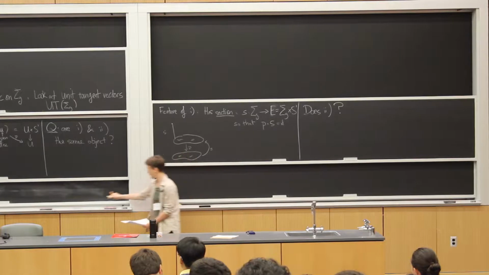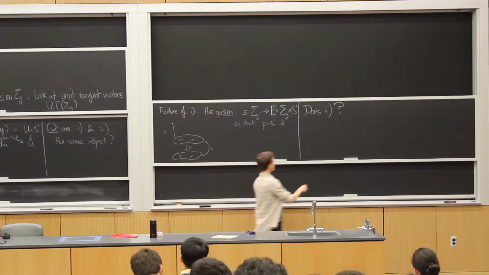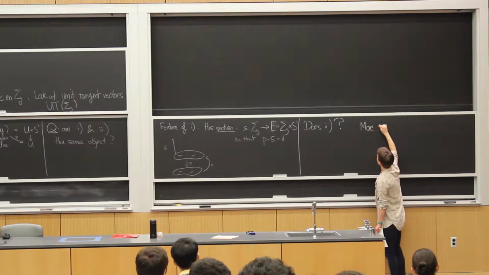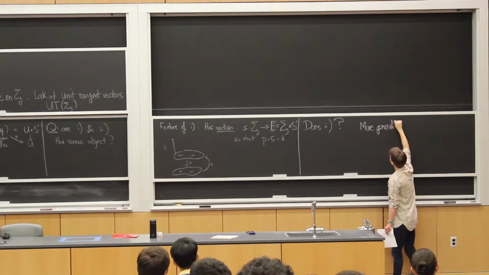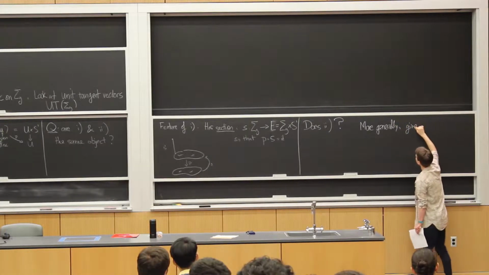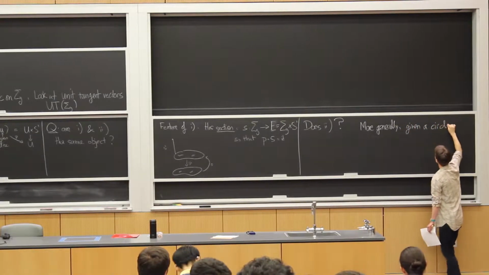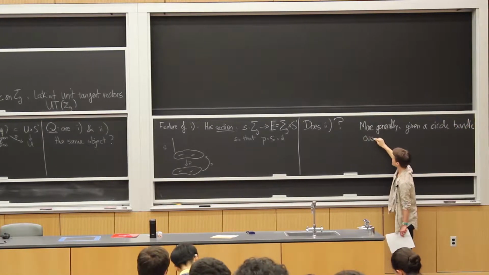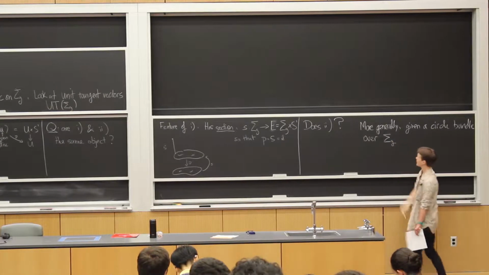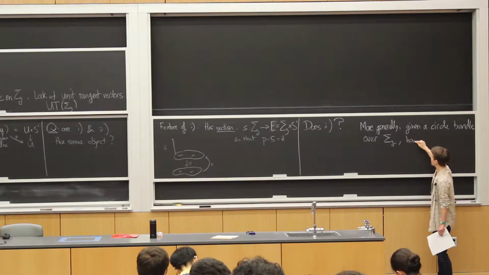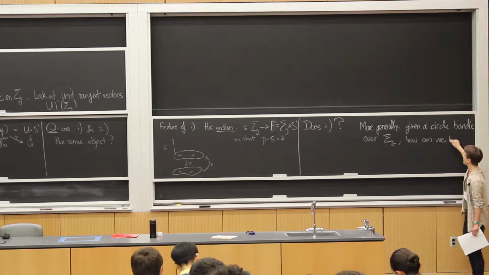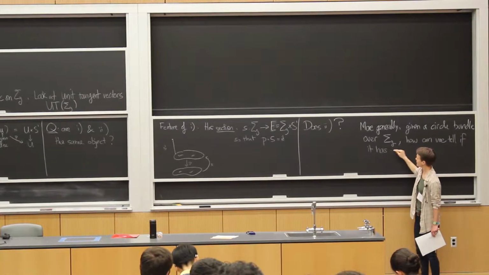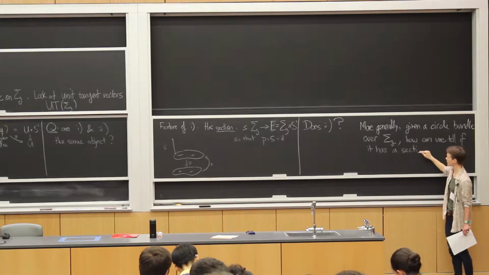Okay, I'll get some colors. So more generally, given a circle bundle over some surface, how can we tell if it has a section?